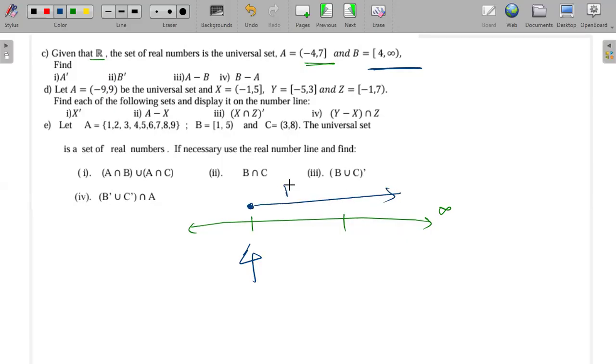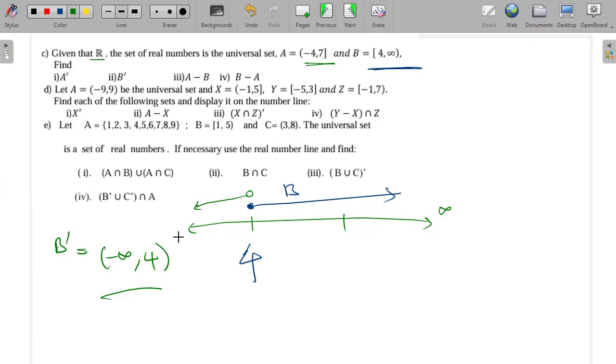So this is my set B. So what is the complement? The complement is everything that is not in that set but sits in the universal set. So that is going to be open at 4, going to this side, what is not in set B, so it will be in the complement. So B complement, therefore, is going from negative infinity to 4, and it's going to be open there. So this is my B complement.